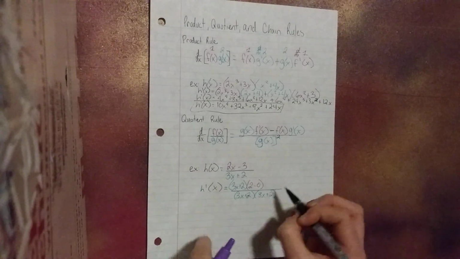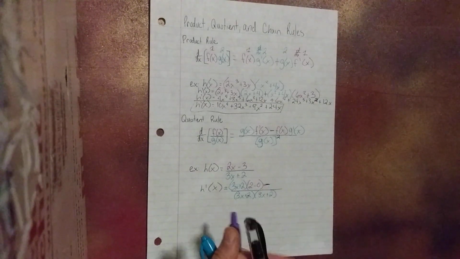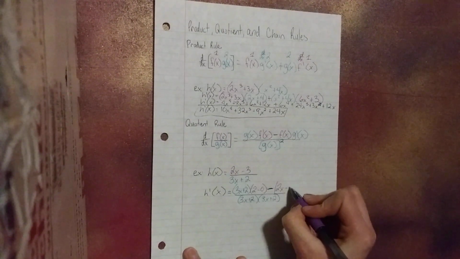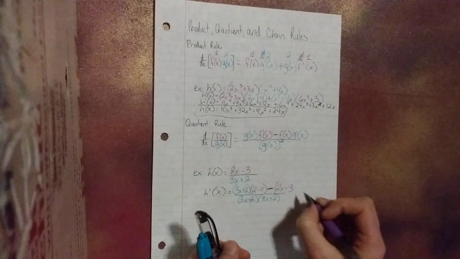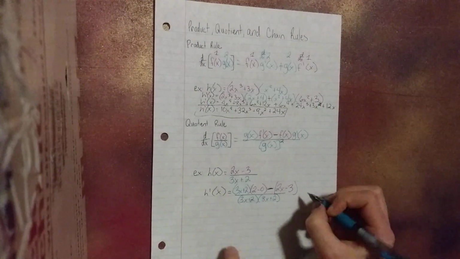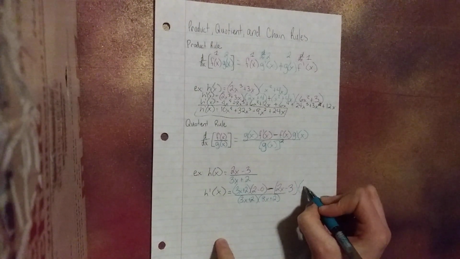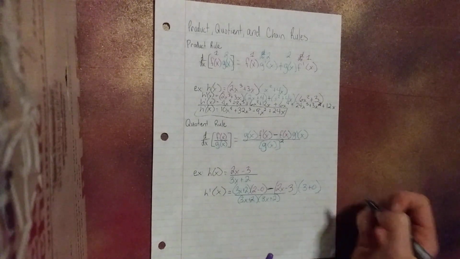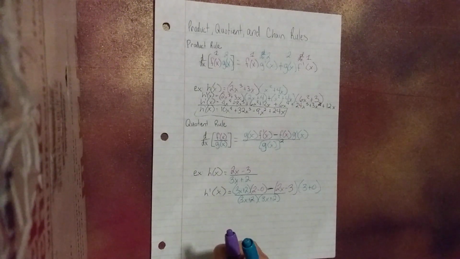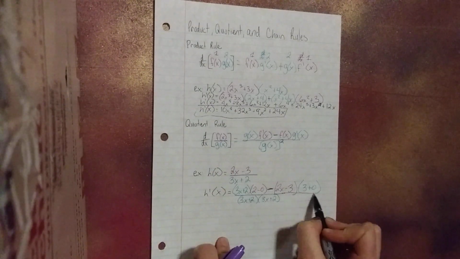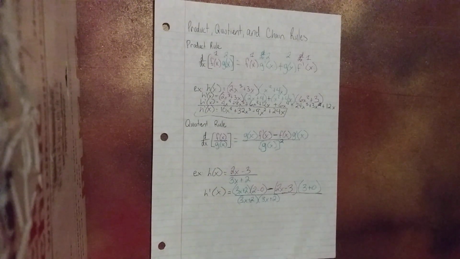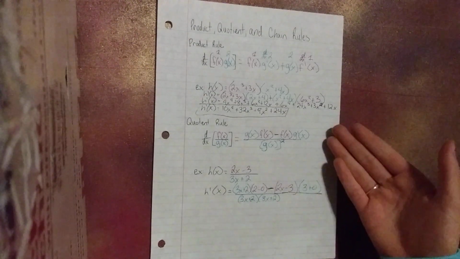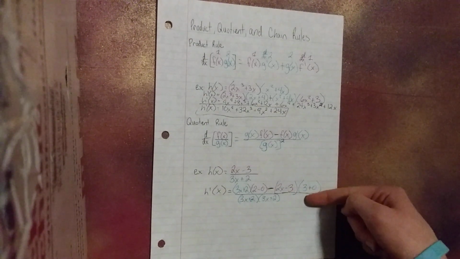And then we're subtracting the top function, 2x minus 3, times the derivative of the bottom function, 3 plus 0. So now we have our equation laid out in these terms.